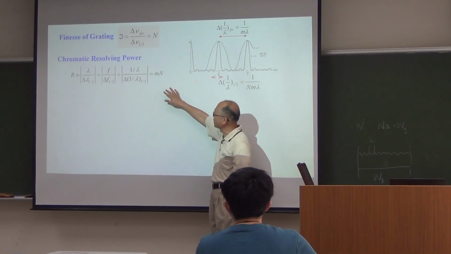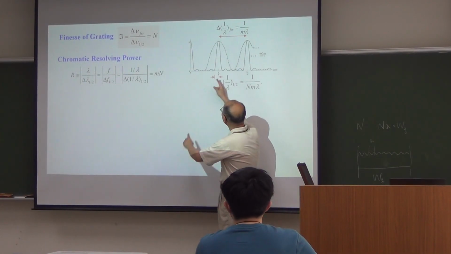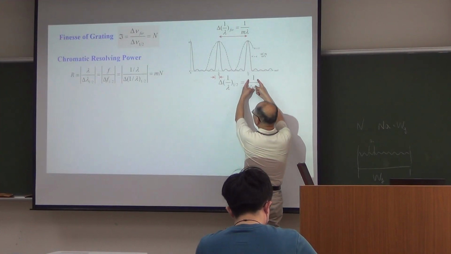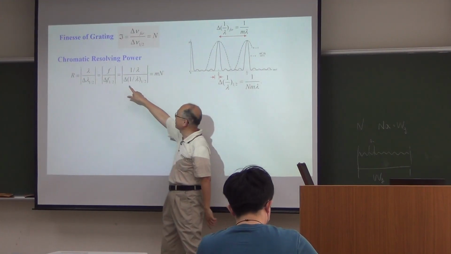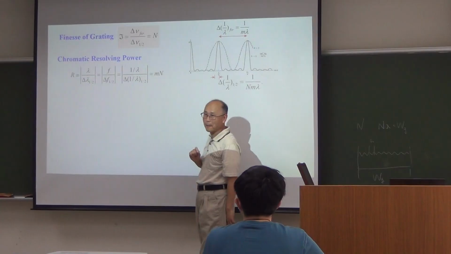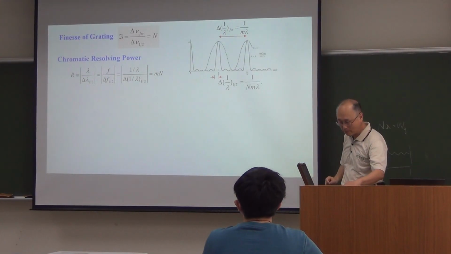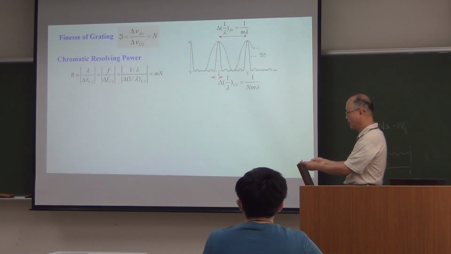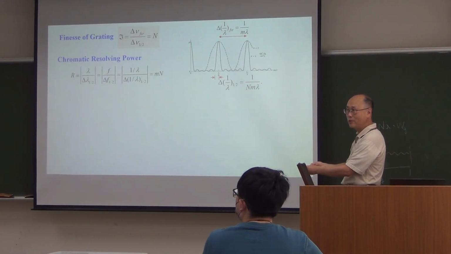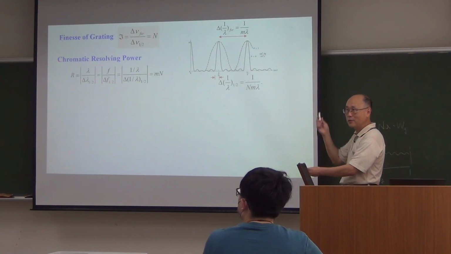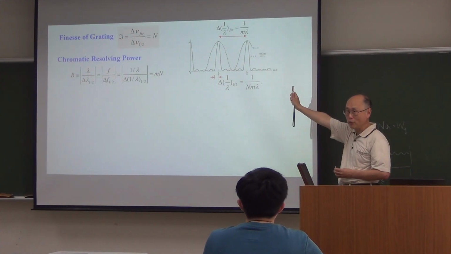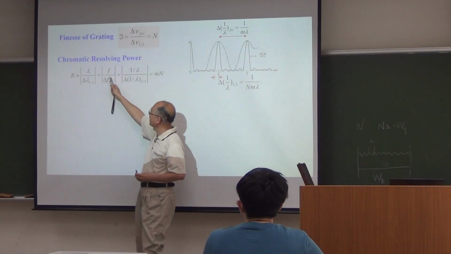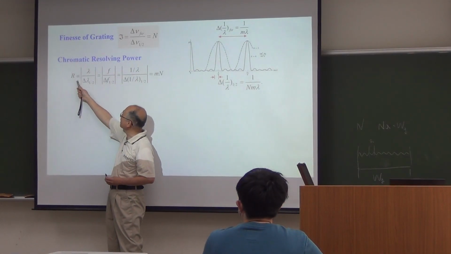But for chromatic resolving power, the numerator basically is the frequency of the laser. So for this particular case, what is the numerator? It is the frequency of the laser.